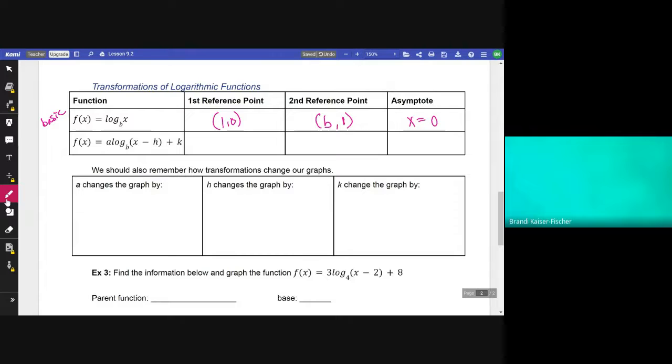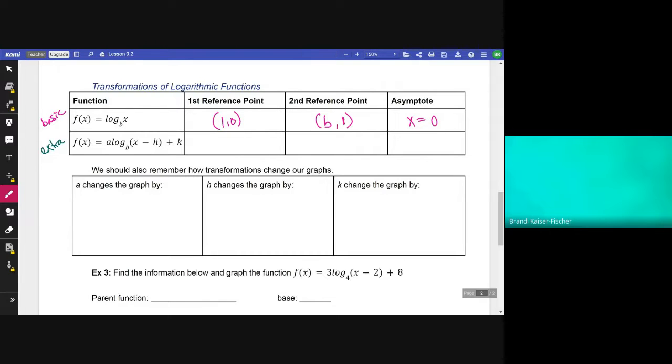Okay. Now, if you look at this next one, lots of extra things happening here, right? There's an a in front of the log. There's x minus h inside the log. And then after the log, it's a plus k. So this is our extra function. Remember, basic is just log base b of x. Extra has other things in it.